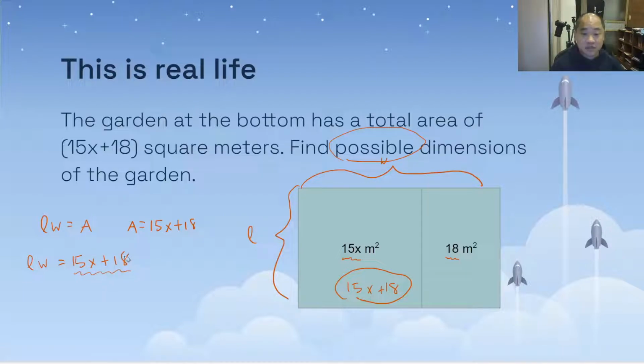The greatest common factor of these two numbers is 3. 3 times 5x plus 6. Now we have two different terms multiplying each other, right? We have this one and this one. So that is our length and width. These are possible dimensions, 3 and 5x plus 6. And we don't know which one is which, but maybe this one is 3 and maybe this one is 5x plus 6.